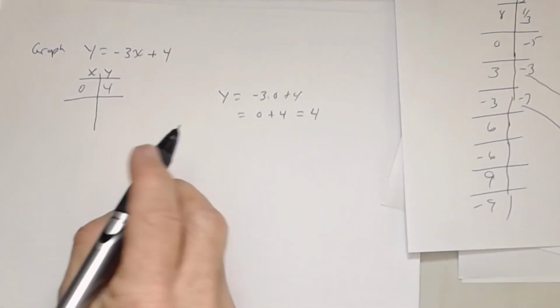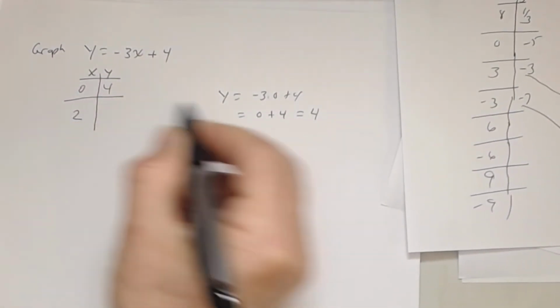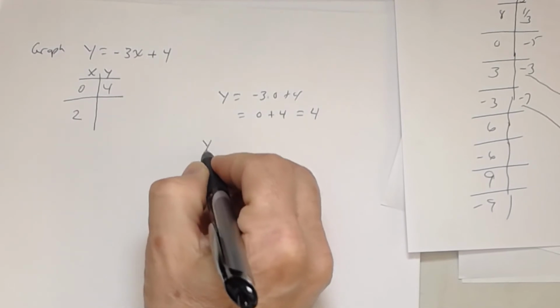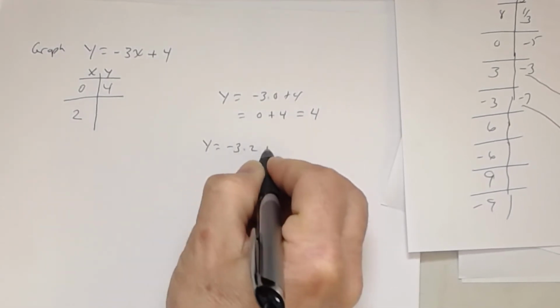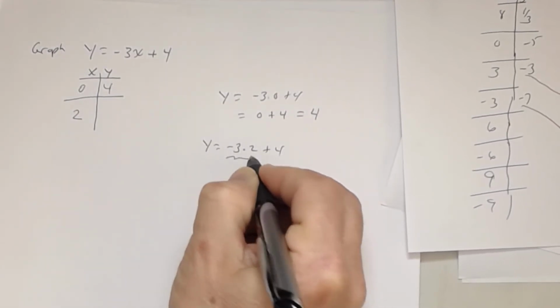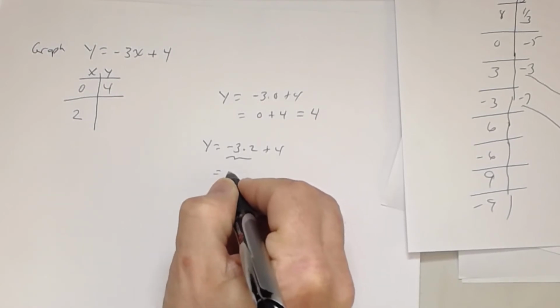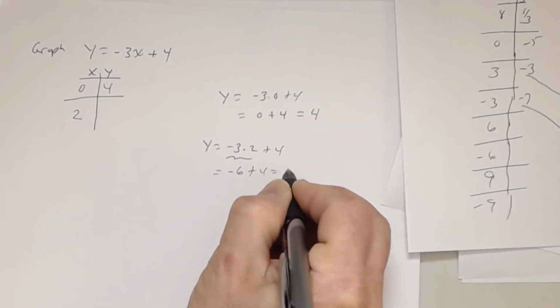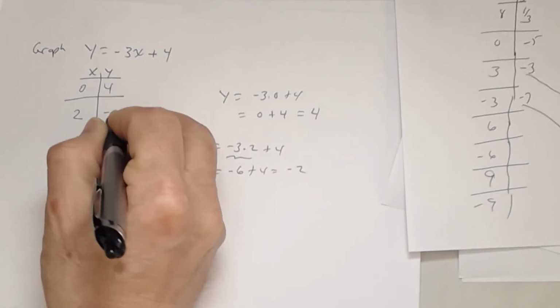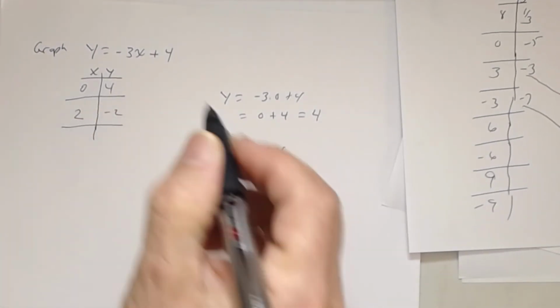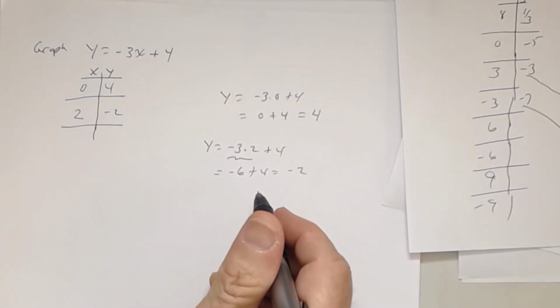Give me another number for x. Someone said 2, right? So if x is 2, I get y equals negative 3 times 2 plus 4. What's negative 3 times 2? And what's negative 6 plus 4? Negative 2. And then I need one more. Let's do a negative number for x. Negative 2.